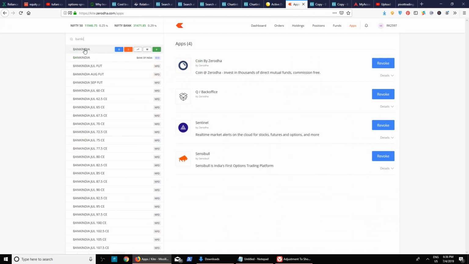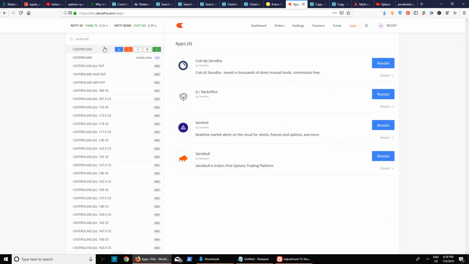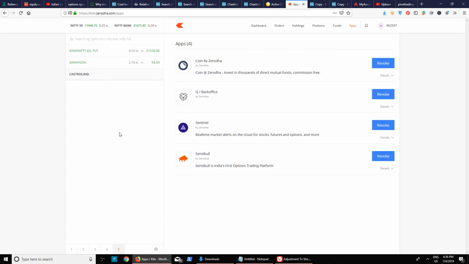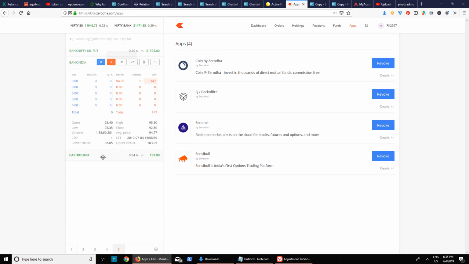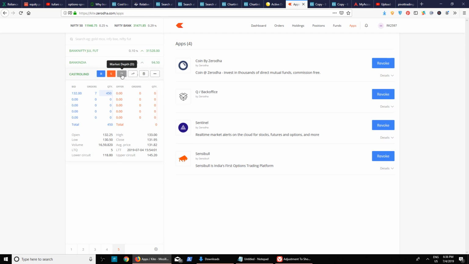So Bank of India and Castrol Industries. If you would have taken a buy position here on Bank of India, it would definitely give you 1 point benefit. And on Castrol India, if you would have taken a sell position, you would have exited cost to cost.